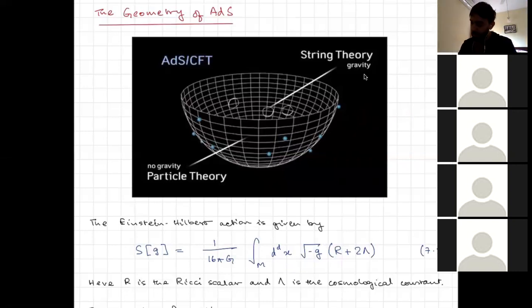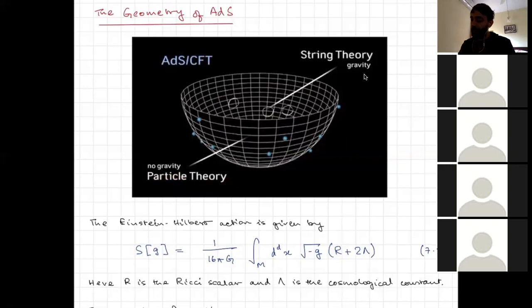Here what it is saying is that inside of the bowl there is a theory with gravity, in this case string theory, and on the surface of the bowl there is the theory without gravity. I wouldn't call it particle theory, I would call it conformal field theory. So that is what it is.